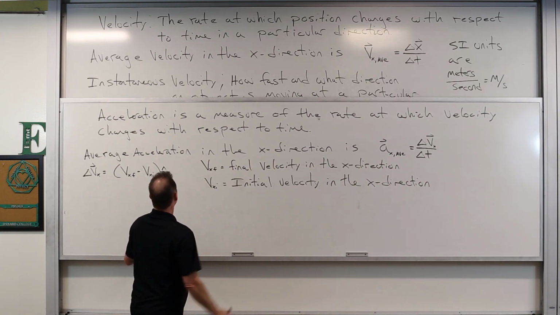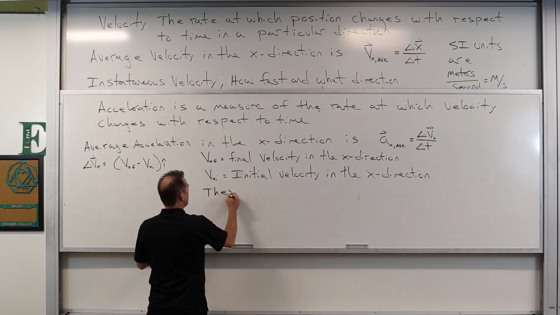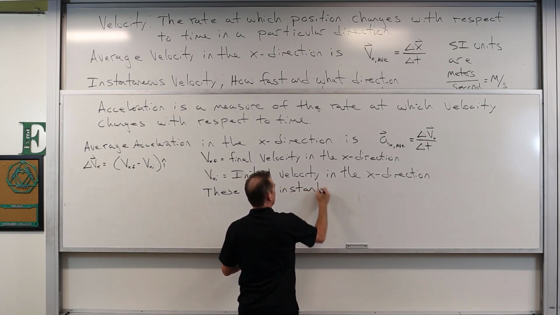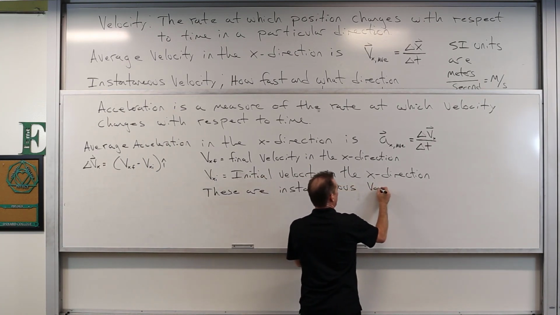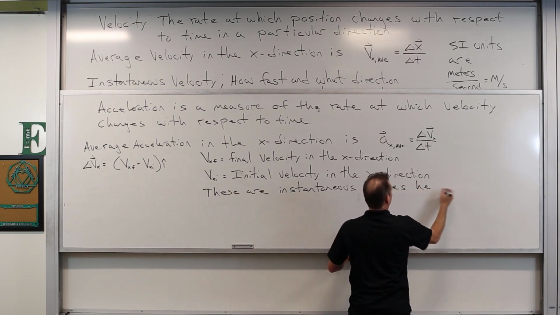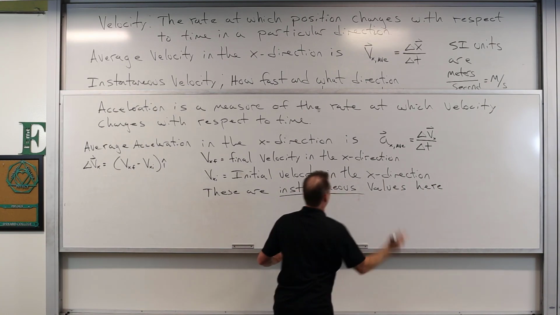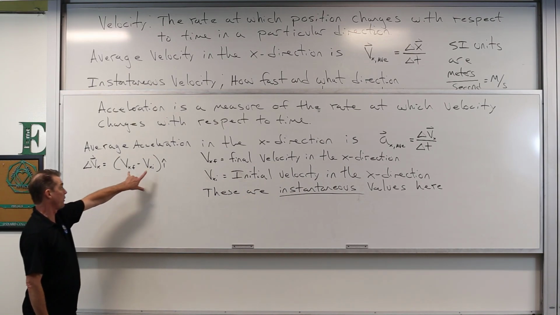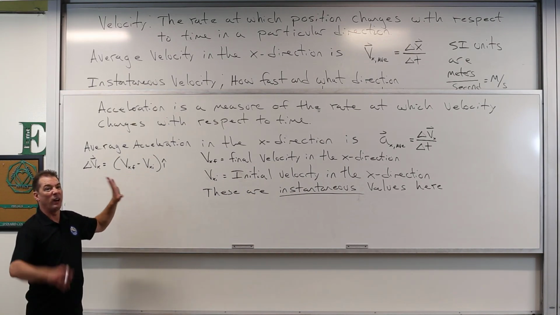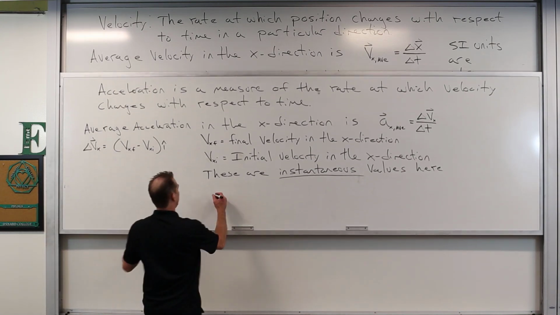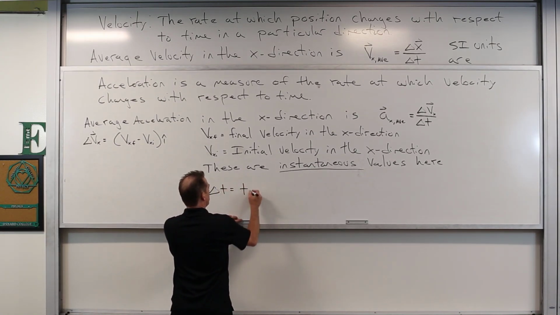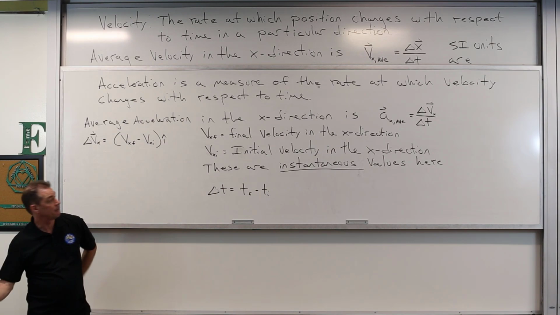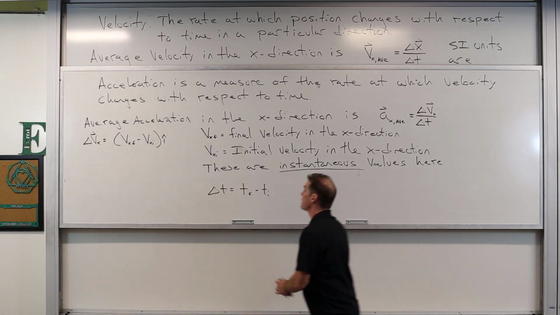Note that these are instantaneous values here. So to truly define the average acceleration, we need to know specifically the initial and final instantaneous velocities. And then delta t is t final minus t initial, the final time minus the initial time. That correlates with the change in velocity that's taking place.